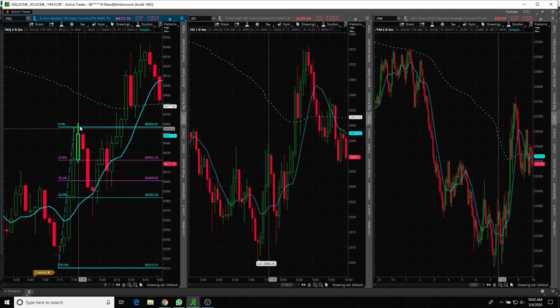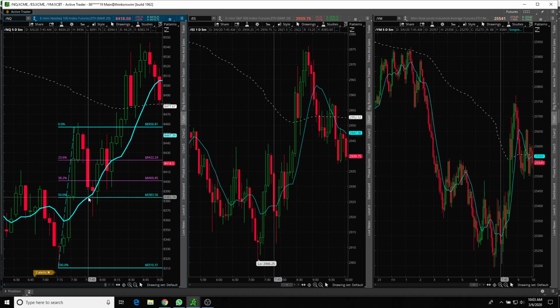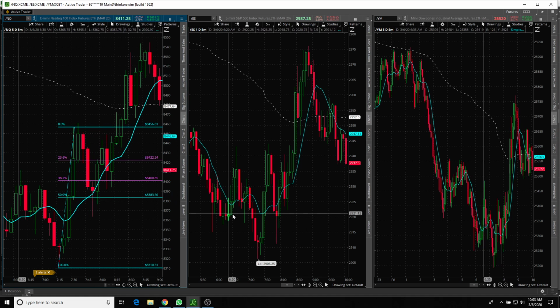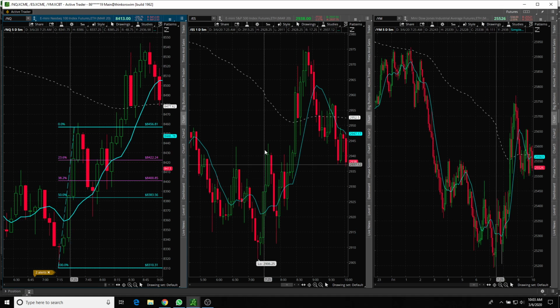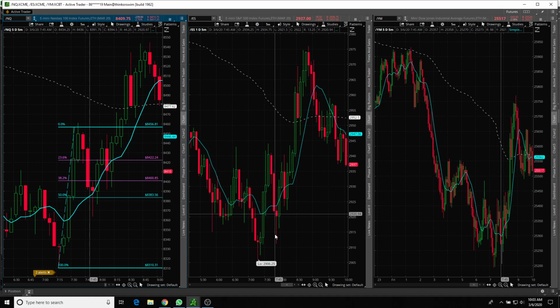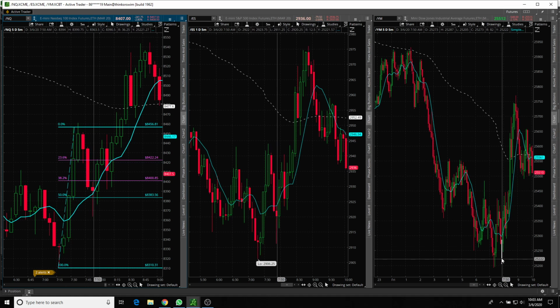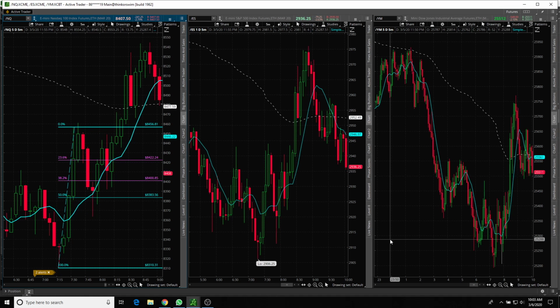So I wanted to look at what approximately a 50% retracement would be. And this was going to be my target, down in here, right around the 50% retrace in the futures. So you can see that ES shot up and retraced significantly, and the Dow shot up and retraced significantly in this time frame. I decided to trade a put.